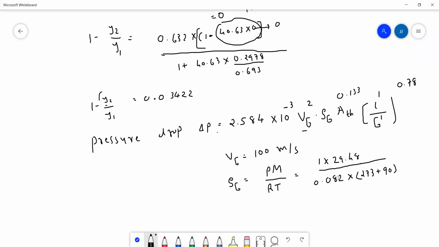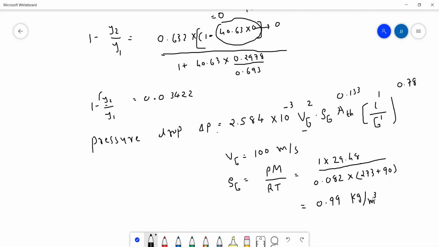If you calculate these values, you will get the gas density rho g as 0.99 kg per meter cube.